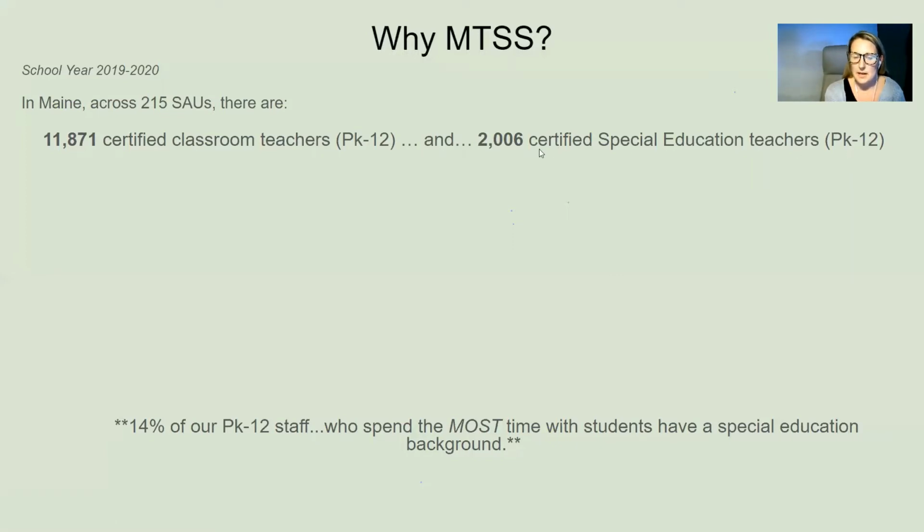So I didn't disaggregate this data down further to see exactly how many special education teachers or how many classroom teachers we had in individual grades necessarily. I wanted to see it more as a broad spectrum. So ultimately, when we do a percentage, it tells us that 14% of our pre-K to 12 staff, so the staff that are spending likely the most amount of time with our students, have a special education background.